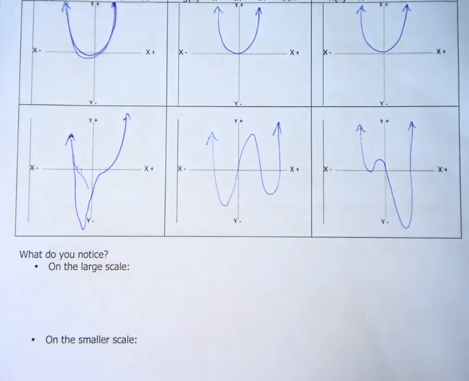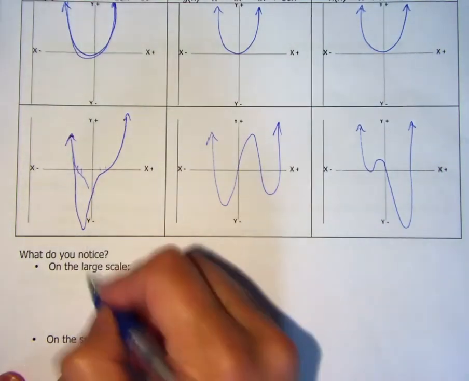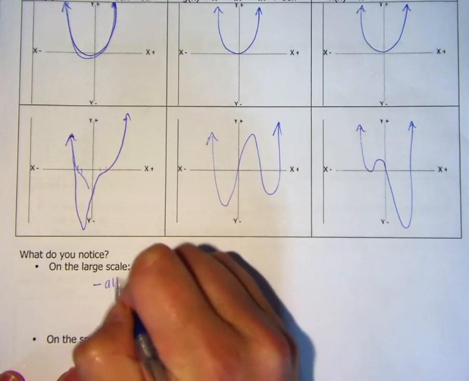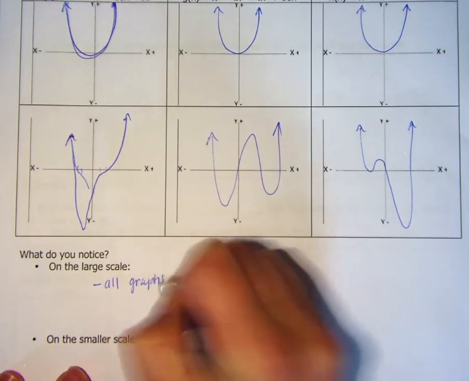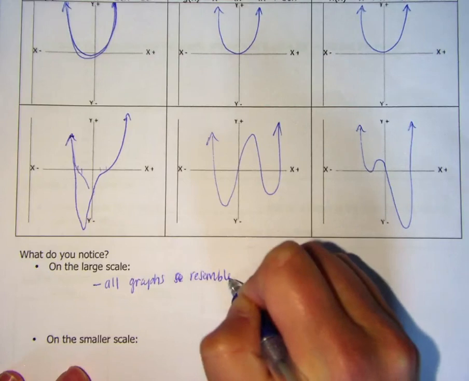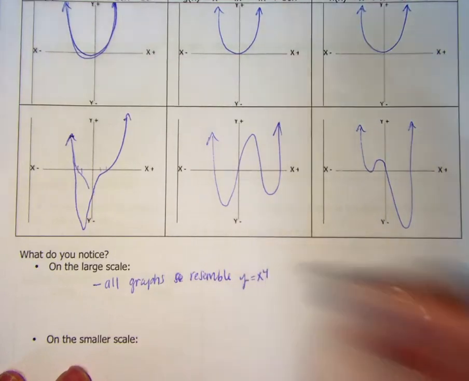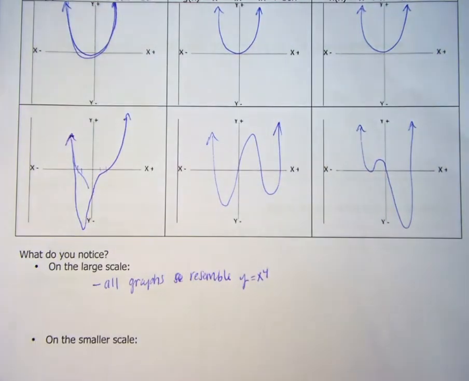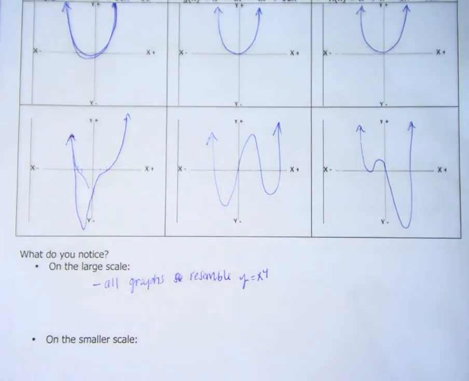All right, so what do we notice? We already discussed on the large scale, or the long run, that all 3 graphs resemble y equals x to the 4th, which makes sense because they have the same leading term.